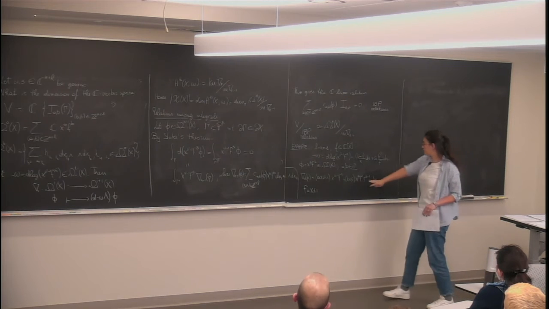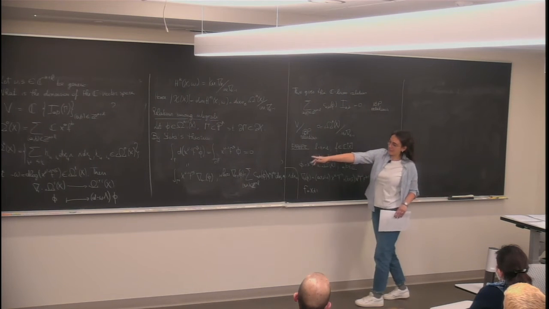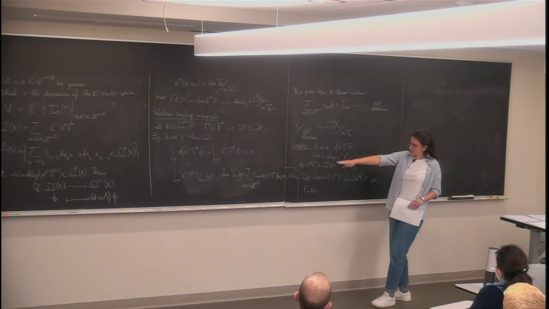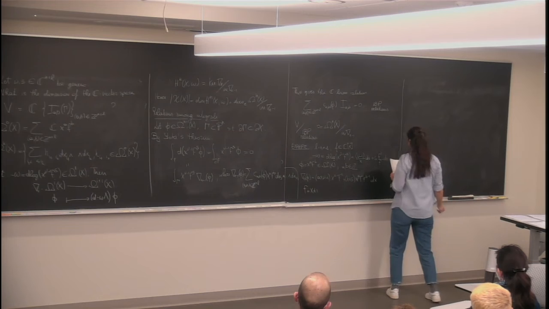So the relation is already kind of visible from here, but we need to add the integral. So we plug these inside this expression, and what we get is the following.